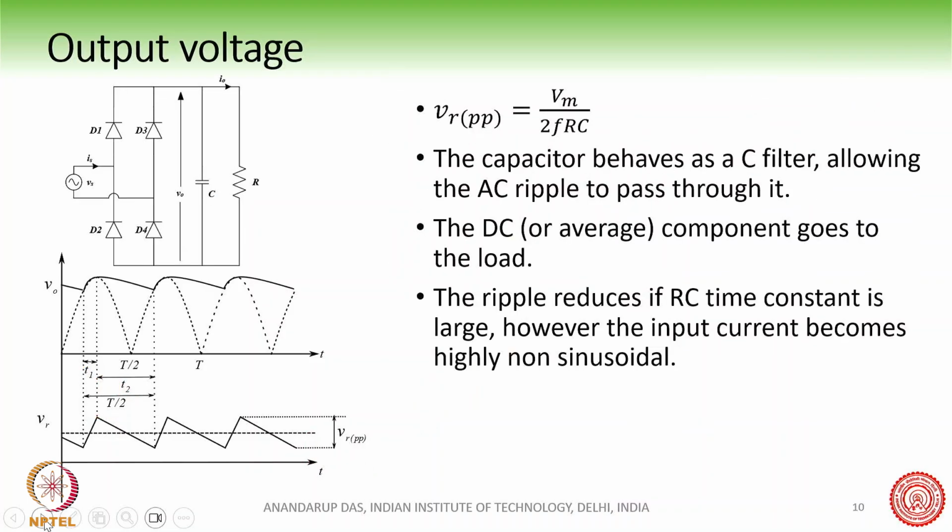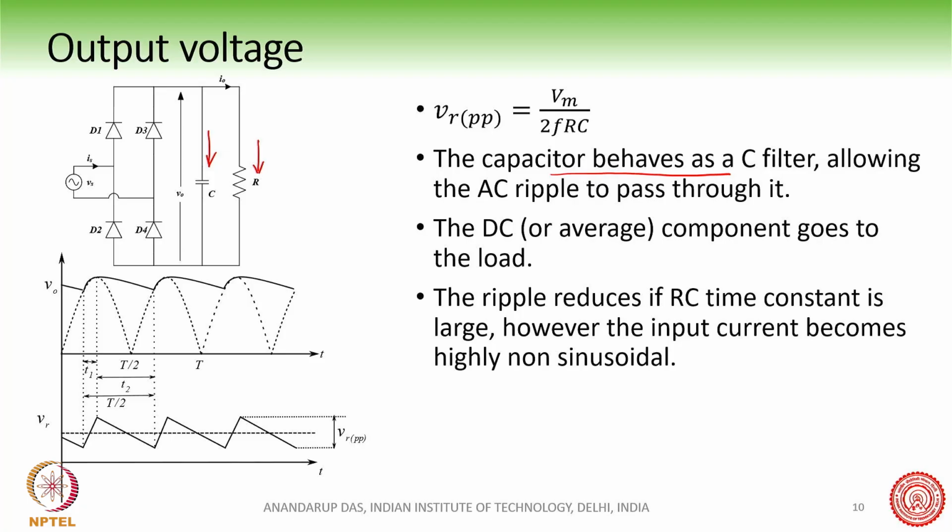Therefore here we can see that the capacitor behaves as a C filter, allowing the AC ripple to pass through it. The DC cannot pass through the capacitor because the capacitor has infinite impedance at DC. So the AC component will pass through the capacitor and the DC part will go through the load.